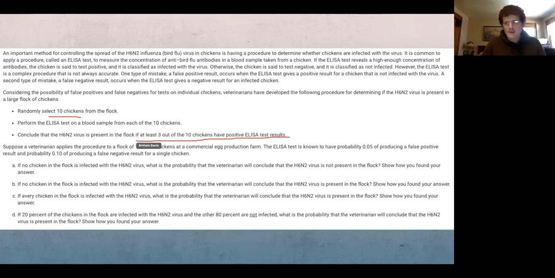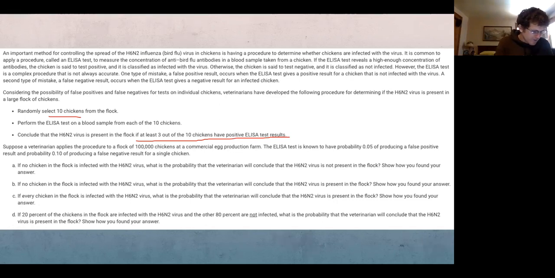Isn't that comforting to know that there could be 2 chickens that have the bird flu virus and they said it's not there? That's good to know, right? So now this veterinarian applies the procedure to a flock of 100,000 chickens. It's a good thing we're dealing with only 10 chickens because the calculator's doing it, so it wouldn't be that bad, but still.